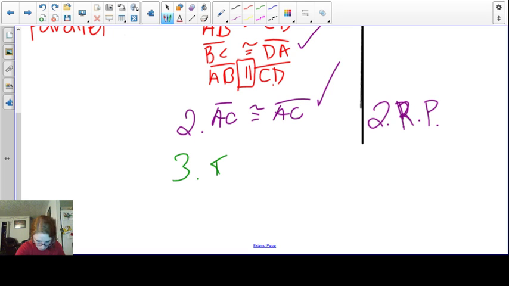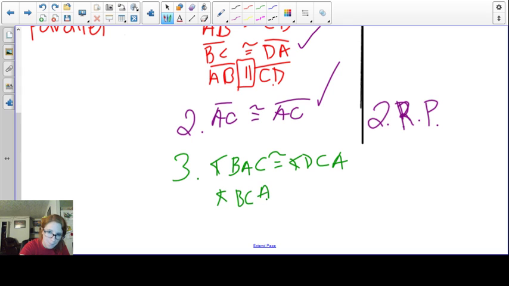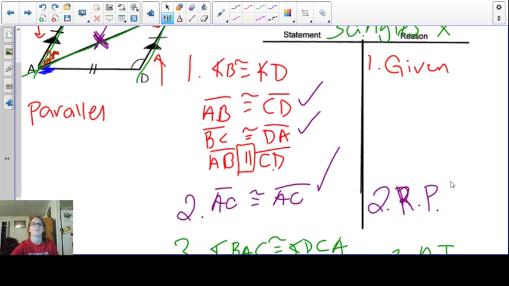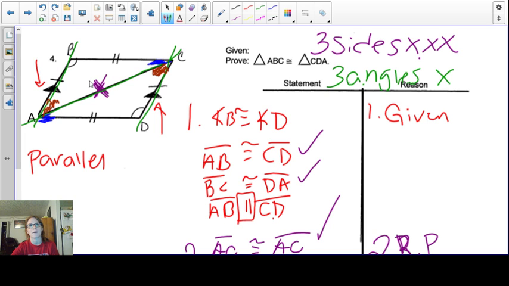Angle BAC is congruent to angle DCA, and angle BCA is congruent to angle DAC based on my alternate interior angles, or my AIA, because we just talked about that with my parallel lines.